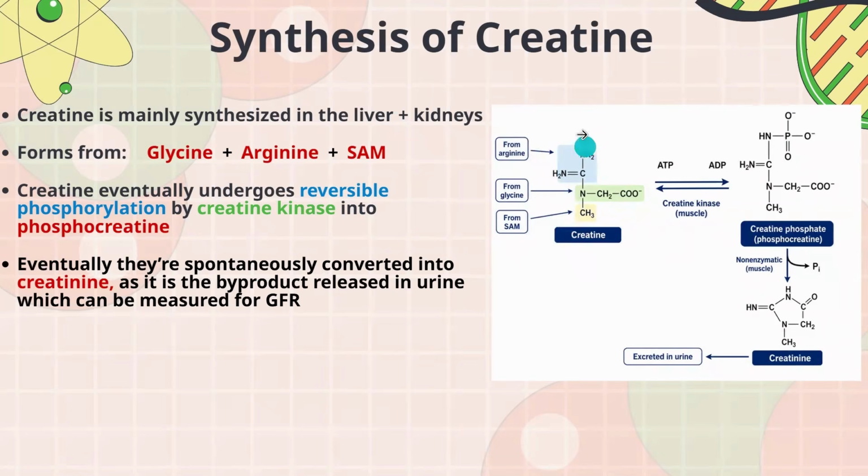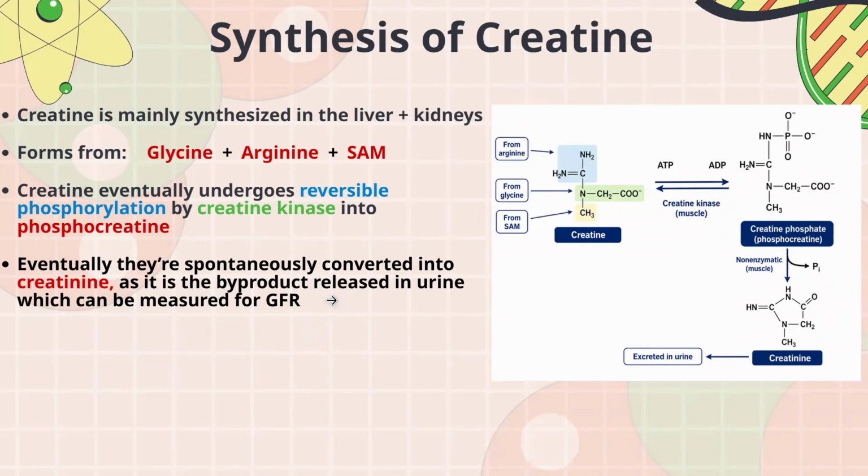If you guys remember the urea, how three things form it, here you have almost the same concept, but different structures. And creatine kinase, reversible phosphorylation, ATP, ADP, and then it's going to form creatine phosphate or phosphocreatine, which is spontaneously and non-enzymatically turned into creatinine by muscle and excreted eventually in urine.